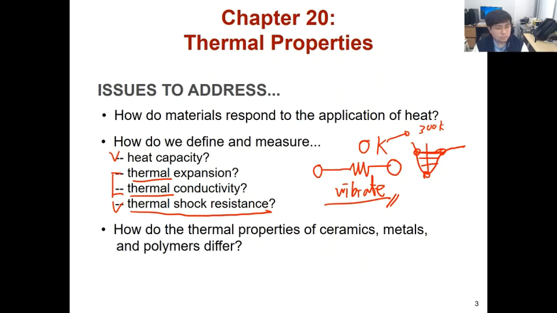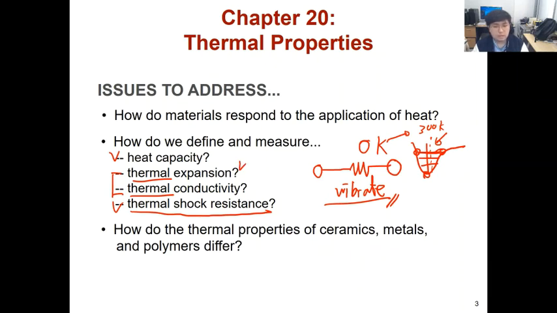Due to this vibration motion of the atoms, the equilibrium bond distance slightly increases, owing to the characteristics of the attractive and repulsive interactions.